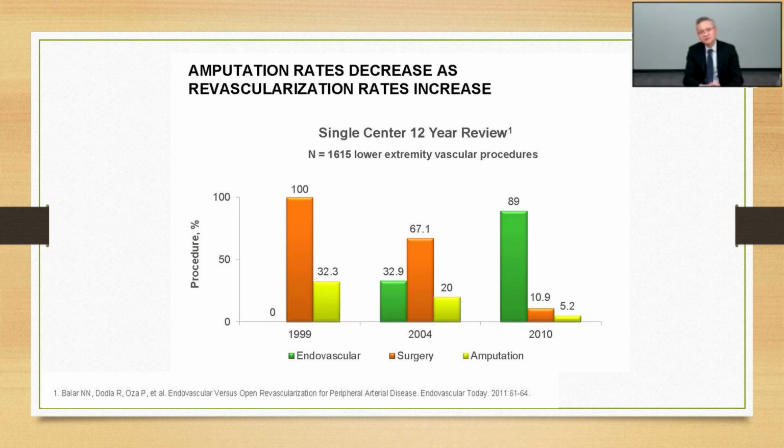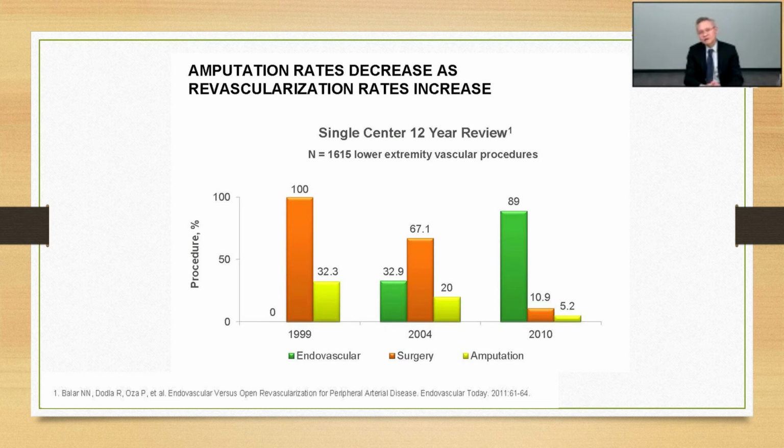As you can see, back in 1999, none of the revascularizations were done using this technique at all. And in 2004, you start to have it utilized more, and it increased up to 33%. And by 2010, it's now 89%.